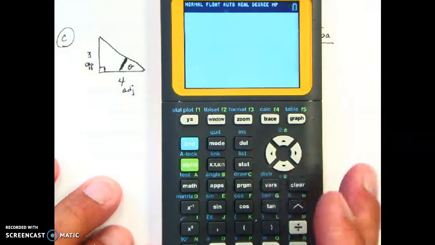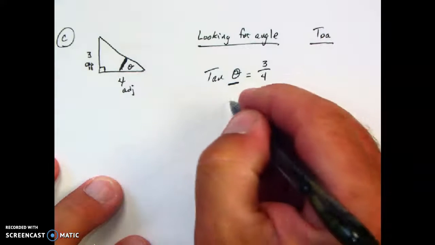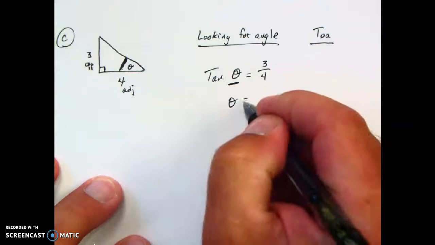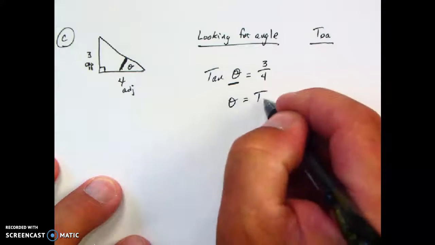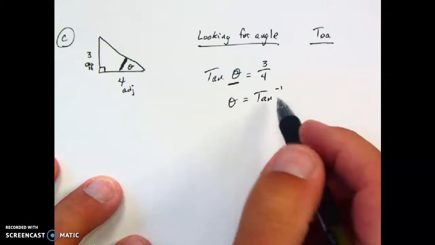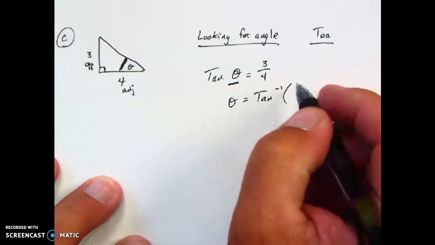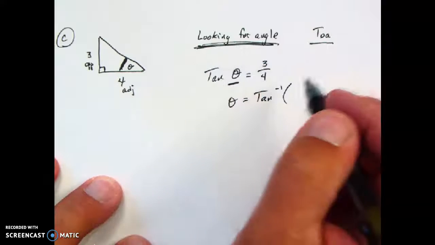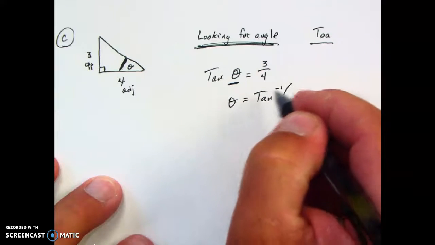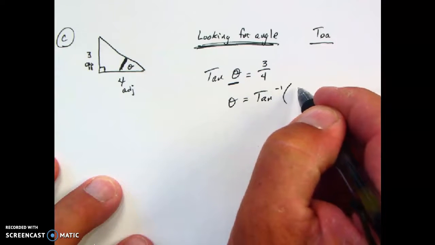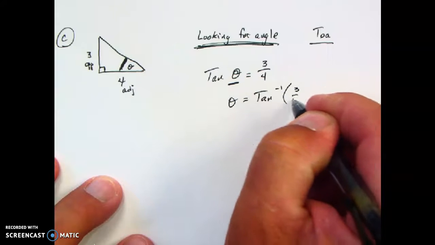So just like multiplication and division are inverses of each other, addition and subtraction are inverses of each other, the inverse tangent is our inverse operation of tangent. So anytime we're looking for an angle, you will always use inverses. Whether it's inverse sine, inverse cosine, or inverse tangent is based upon the problem.